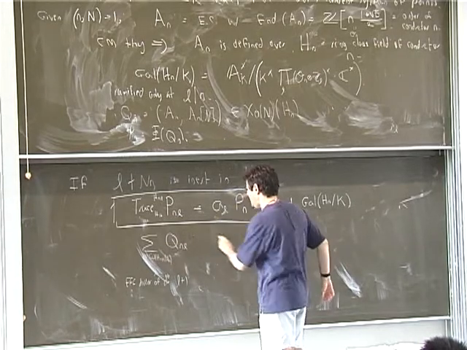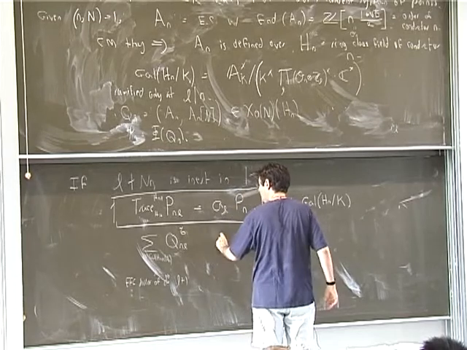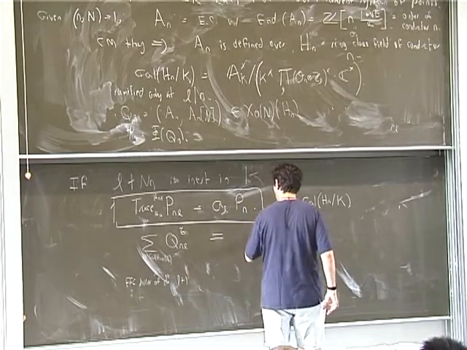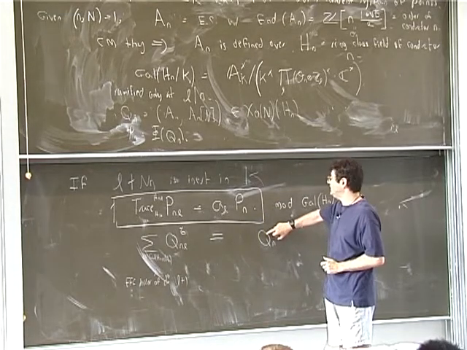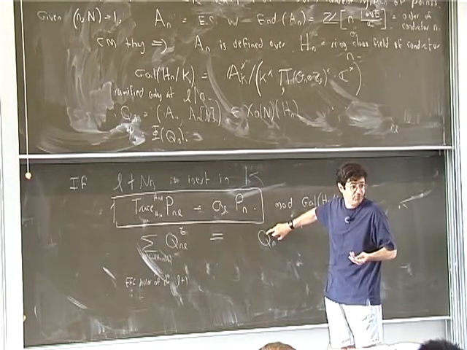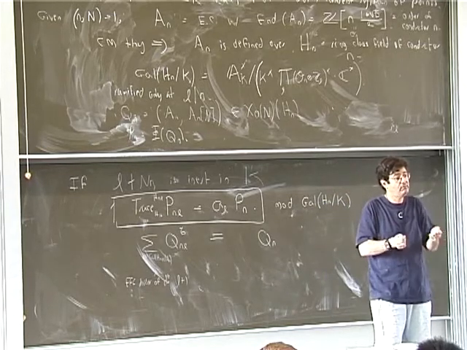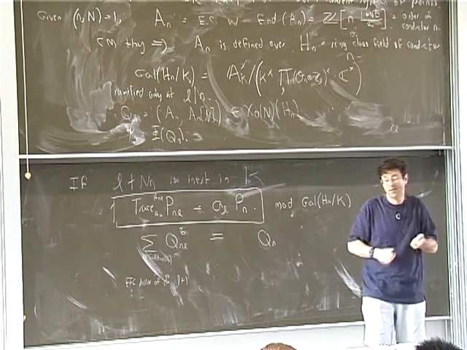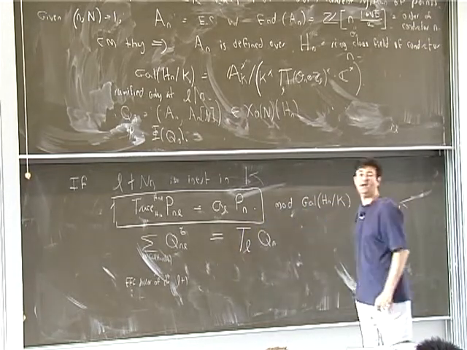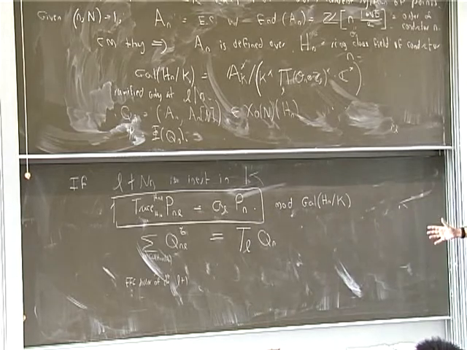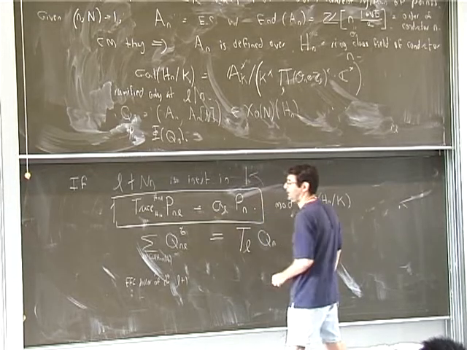I take the sum of the translates, QNL sigma. Now, this is equal to what you would obtain by taking the point Qn, which corresponds to an elliptic curve with endomorphism by the order of conductor n, and then taking the formal sum of the L plus 1 points, which are L-isogenous to it. So taking the image under the Hecke correspondence T sub L of this divisor of degree 1. With this, I have this equality of effective divisors of degree L plus 1, which are rational over Hn.